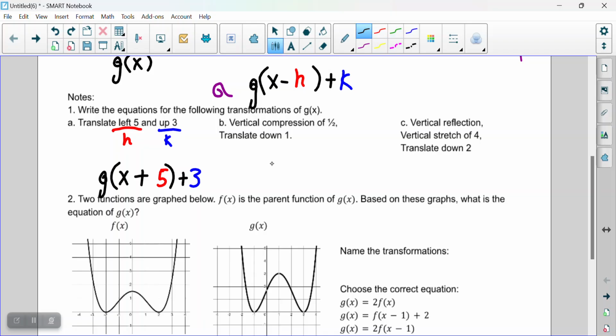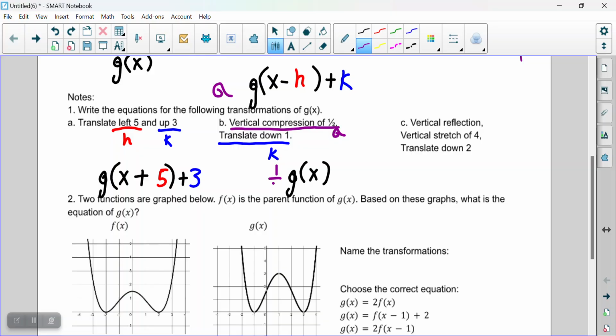Okay. For b, I see a vertical compression of 1/2. Vertical compression of 1/2. That's an A. Stretch and compress is the A. And I see down 1. That's your K. No H this time. Nothing on the inside. But I am going to have something in front. Compress of 1/2.